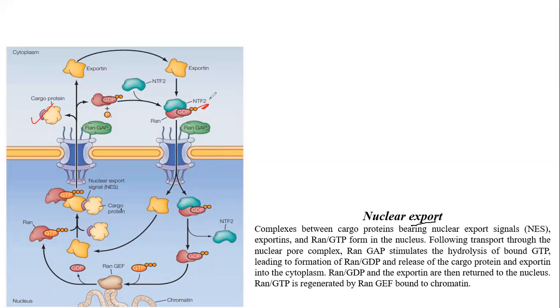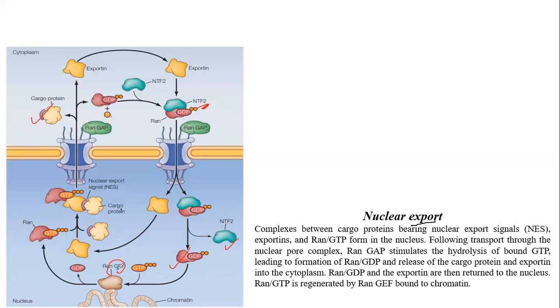And RAN GTP has turned into GDP right now. So it also binds to RAN GDP and then goes back in through the nuclear pore, where it again dissociates. And then RAN GDP and NTF2 are still together, so they also dissociate. And then the RAN GDP becomes RAN GTP through RAN GEF. And then the cycle continues.